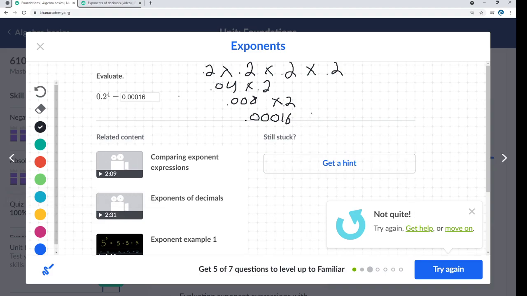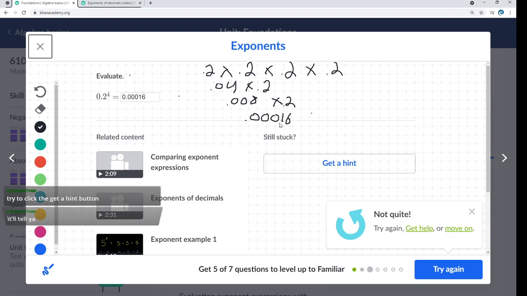What? Why is it 0, 0? Oh, because the 1, 2, 3, 4. Shouldn't it be 1, 2, 3, 4?